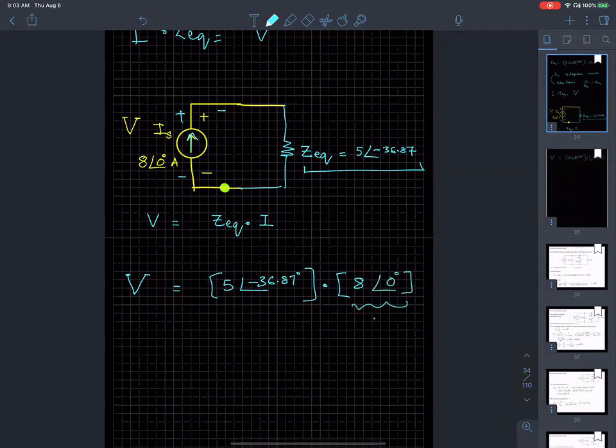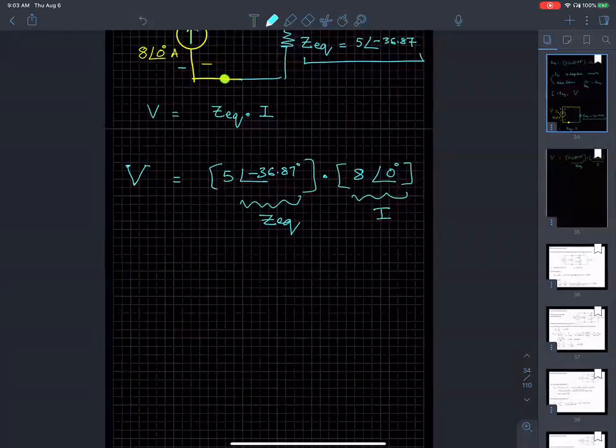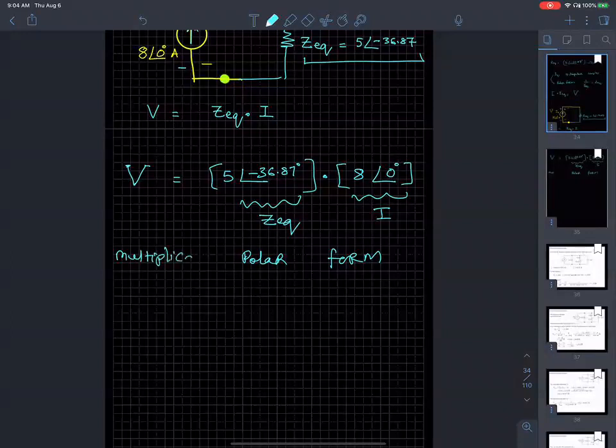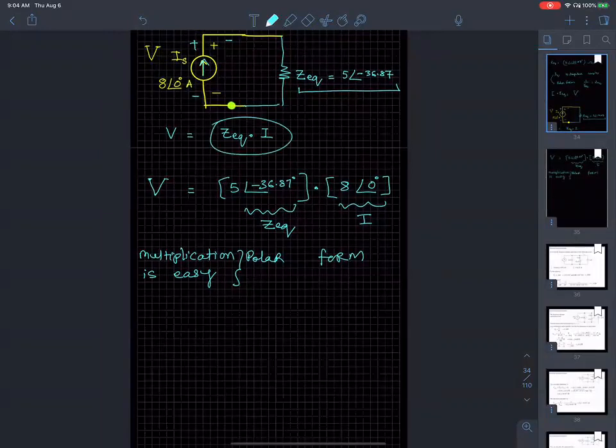Everybody with me so far? This is I. This is Z equivalent, and notice that both of these are in polar form. Multiplication is absolutely easy in polar form. So when you have to find a product, you convert all your numbers into polar form.